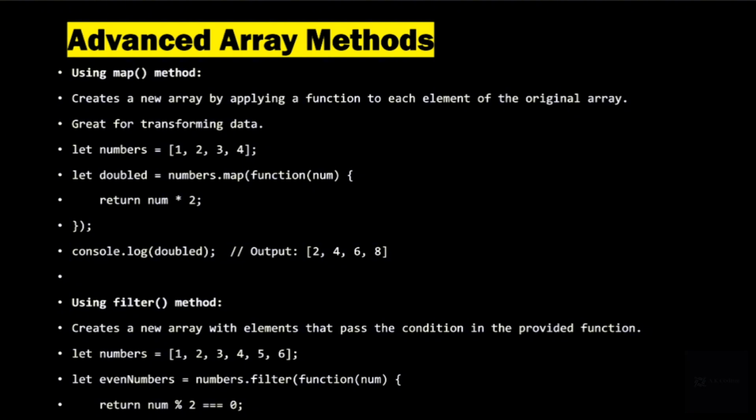For example, we have numbers from 1 to 4, and we are going to take the doubled ones, as it's shown here. So this map method allows us to get a new array by applying a function. As you can see, numbers.map, we're using map method, and we're getting an argument, and we are multiplying the argument by 2 because we are getting doubled.